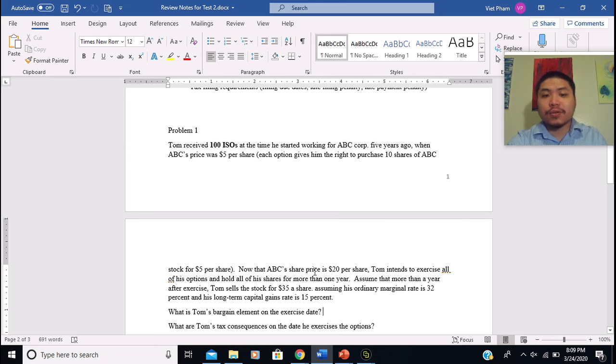And then on the date of the exercise, the stock is worth $20 per share now. So the difference between those two is the amount we can use to calculate the bargain element.